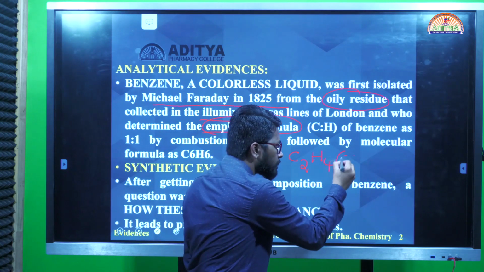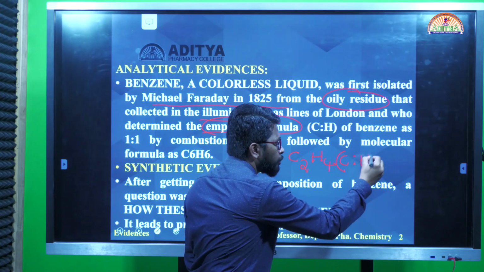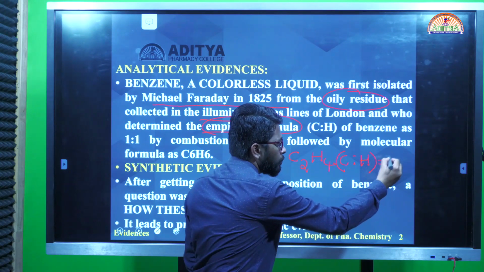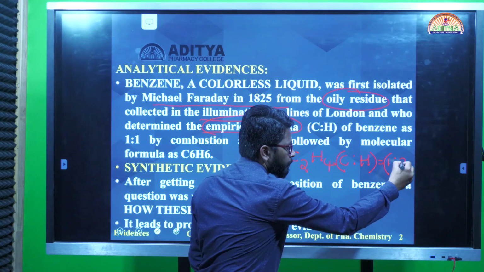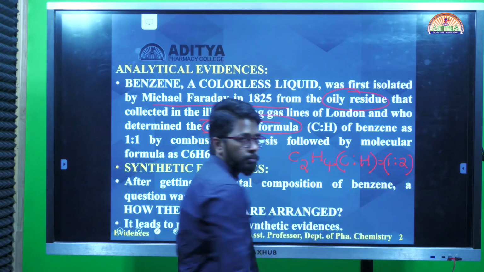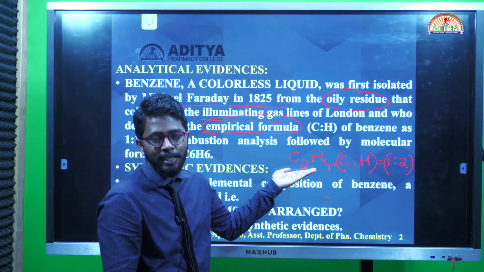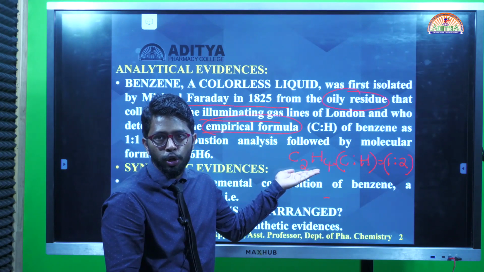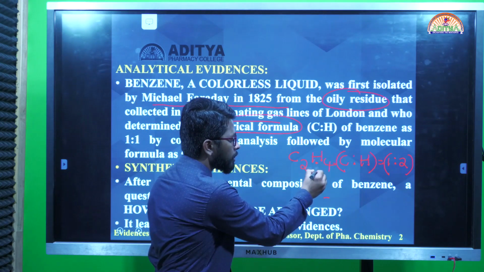I will write it like this: carbon to hydrogen. What it indicates is the ratio of the two groups existing in the molecular formula. It is 2:4: 2 carbons and 4 hydrogens.